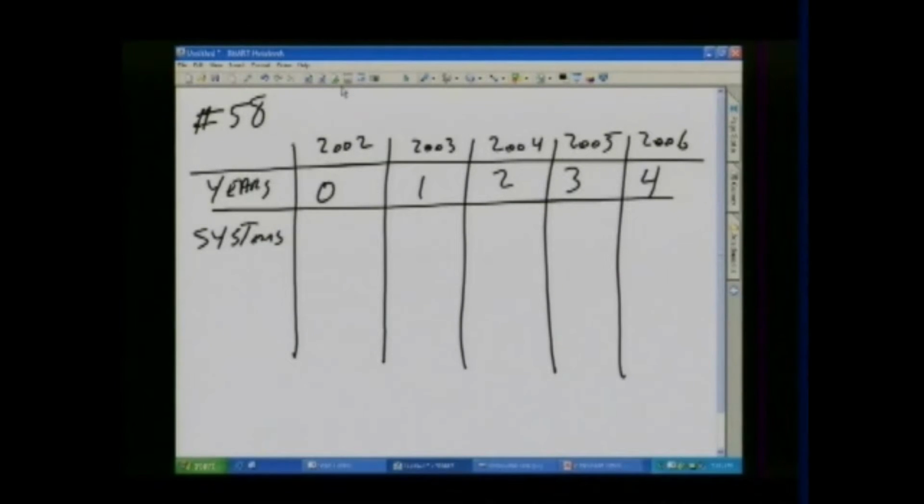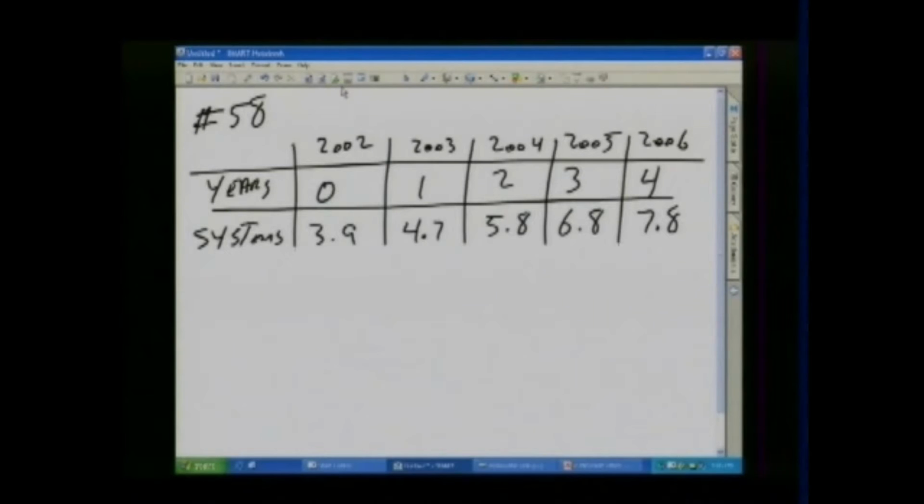In 2002, 3.9 million. In 2003, 4.7 million. 5.8 for 2004. 6.8 for 2005. 7.8 for 2006.